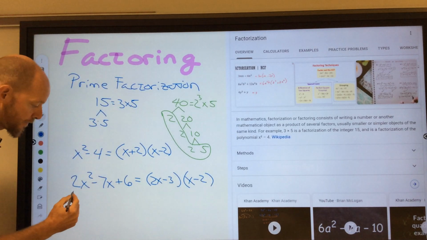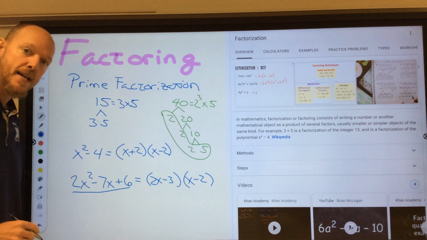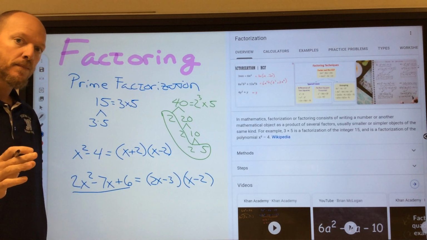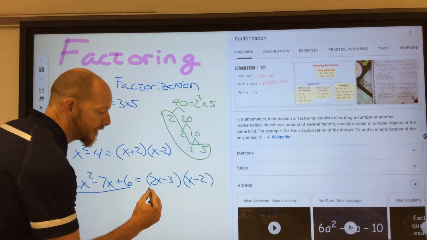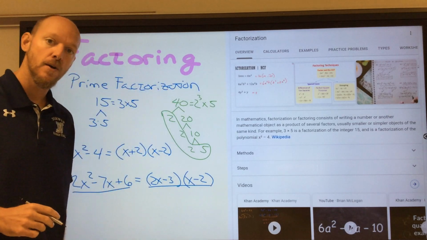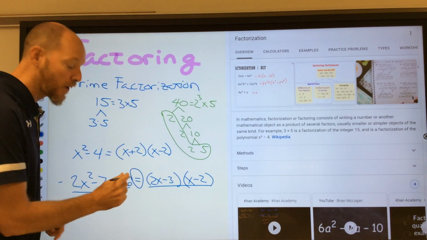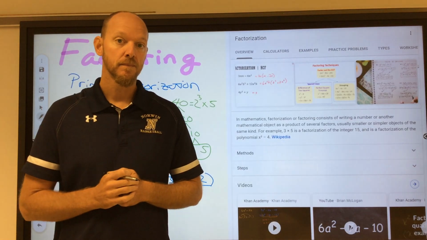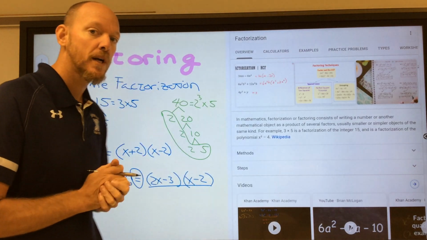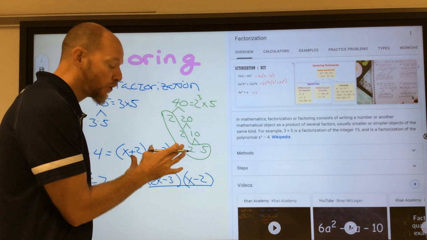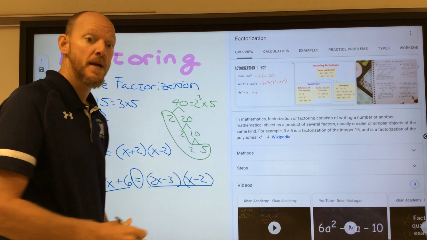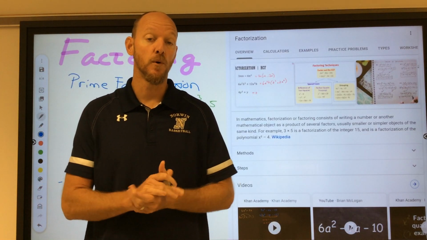Or in other words, this quadratic in standard form can be rewritten in its factored form as so. And they're both equivalent, meaning the exact same thing. And one of the things that we're going to be doing then is looking at the quadratic in this form to help us actually solve it in a more efficient manner.